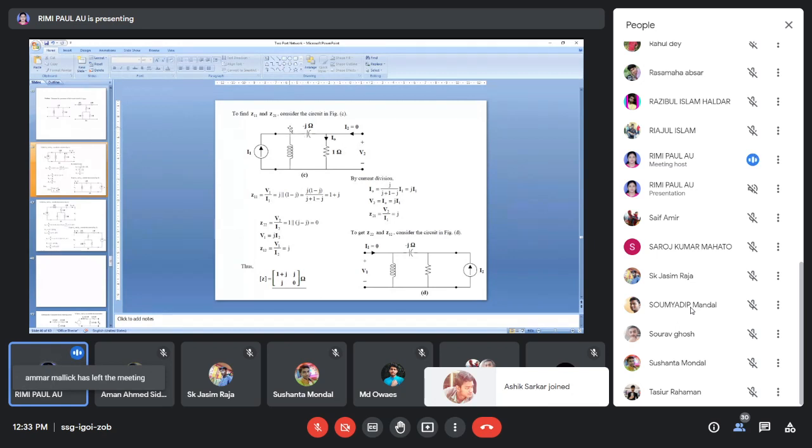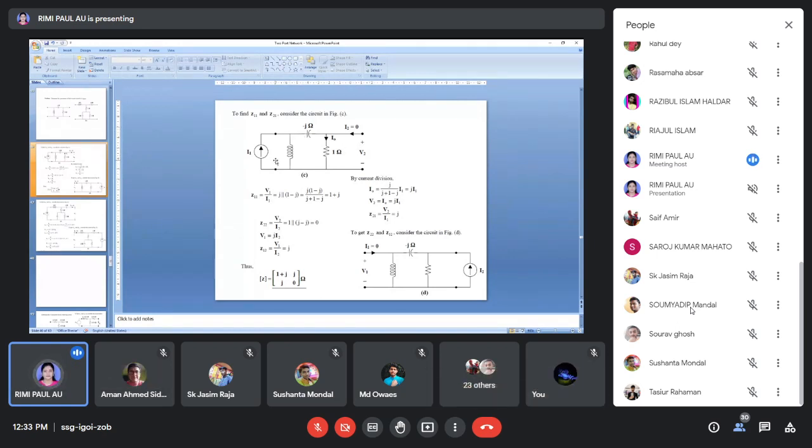So VA is equal to V1, whatever the voltage present here is VA. Then you can find VB minus VA by j ohm, and VB by 1, that is equal to V2, right? So you can find it in this way also.